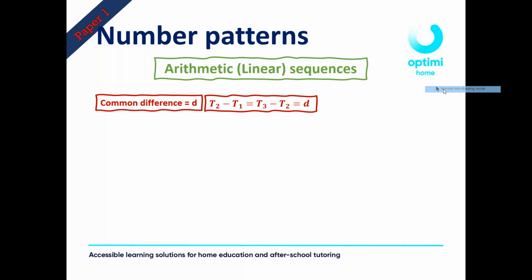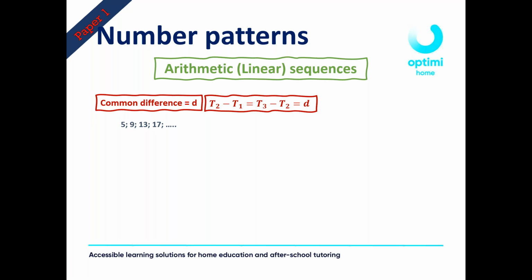So how do I determine if a number pattern is a linear sequence? Let's, for example, take this given sequence: 5, 9, 13, 17. In a test, an exam or a task, they will not tell you this is a linear sequence. Sometimes they are nice and they do that, but that is not something you can rely on.